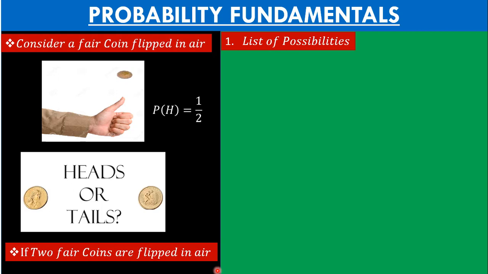So there are 4 possible outcomes. Total possible outcomes are 4, and we name it the sample space, the simplest method to represent the information.